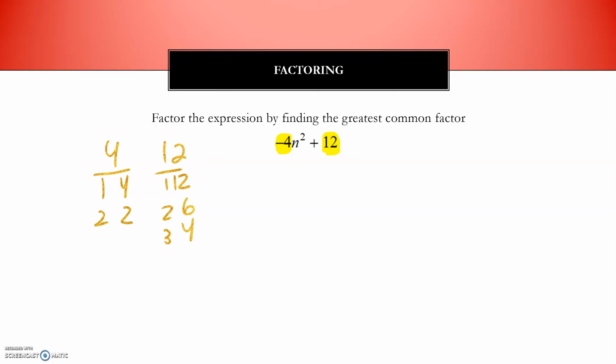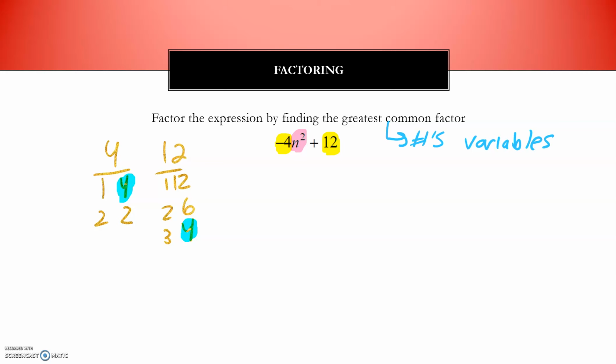The greatest common factor of those is 4. For the variables, I just have an n squared. There's no other n, so I don't have any greatest common factor for n's because there's no partner for it. Okay, so we first find the greatest common factor, and we do that for numbers and variables separately.